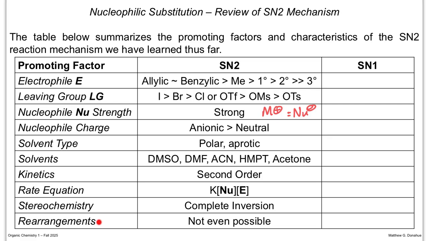This new thing, rearrangements, is really what we're going to talk about in SN1. So there's a fresh layer of hell in the learning here. Mechanistically, SN1 is more complicated because along the reaction coordinate, we have to ask some more questions to see if a rearrangement can occur.